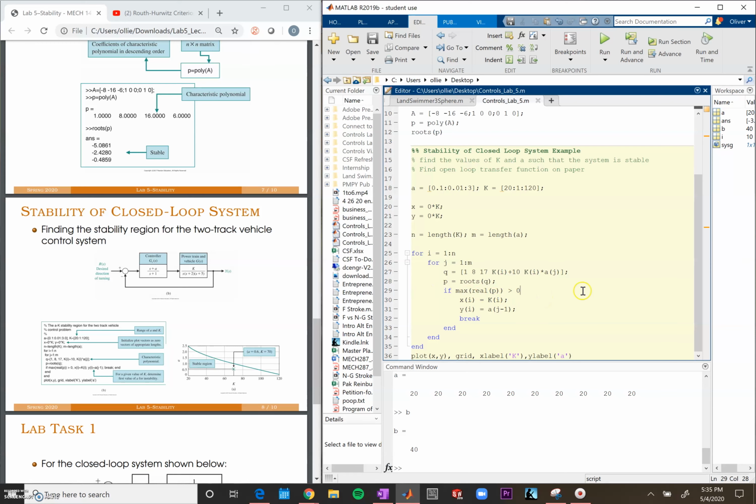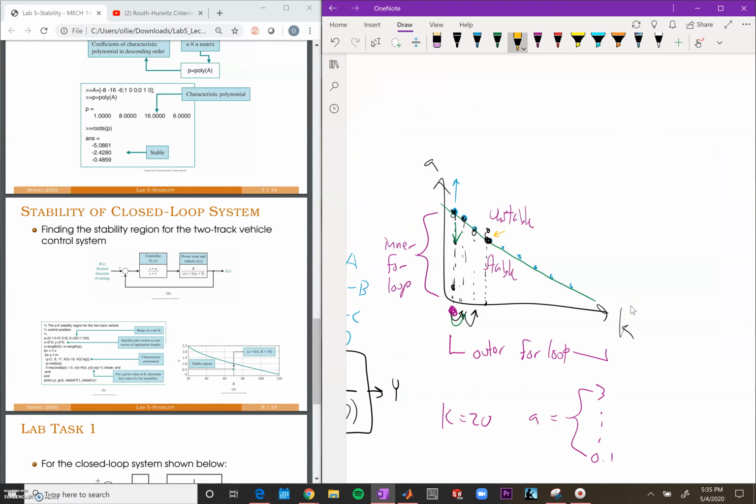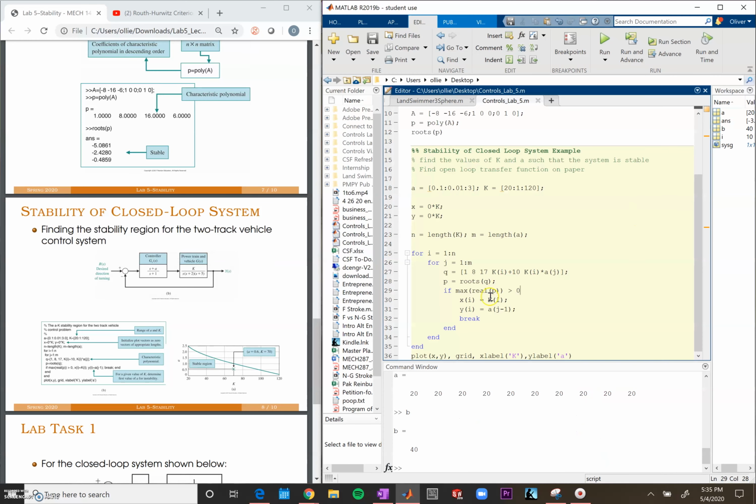Okay, and then once we've gone through all of the K's, then we're done. We break from everything, and then we can plot our x and y. And again, our x is our values of K, and our y is our values of A that are the border between stability and instability.